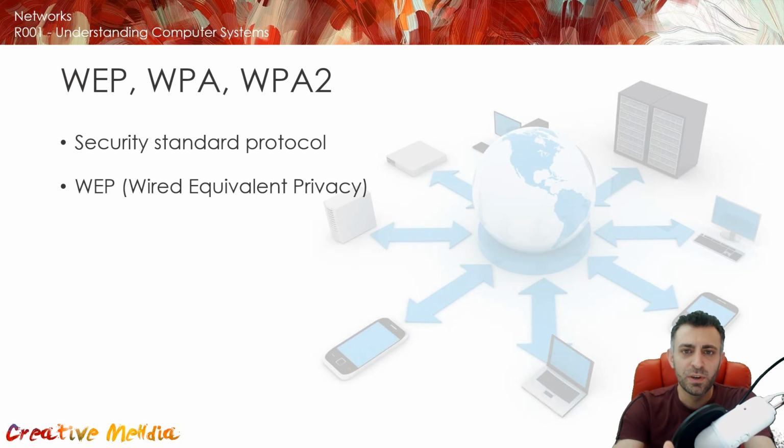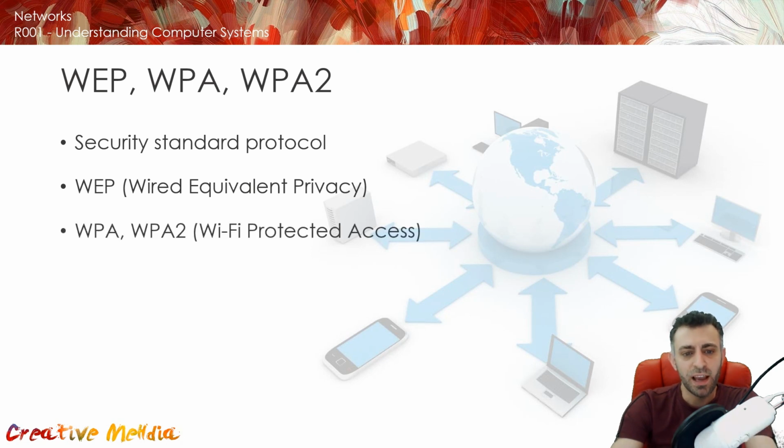The very first one was, I believe, developed around 1999, and it was Wired Equivalent Privacy, but it had a lot of issues. To fix that, they came up with another standard, which was named Wi-Fi Protected Access. The second version, WPA2, supersedes the original one and fixes a few issues that the earlier version of WPA had.